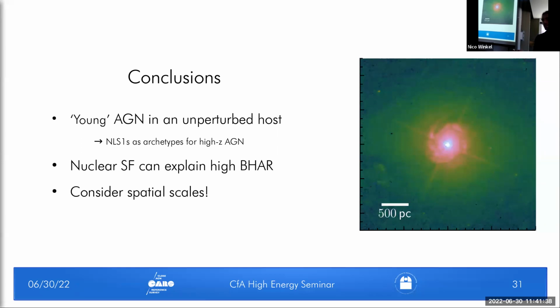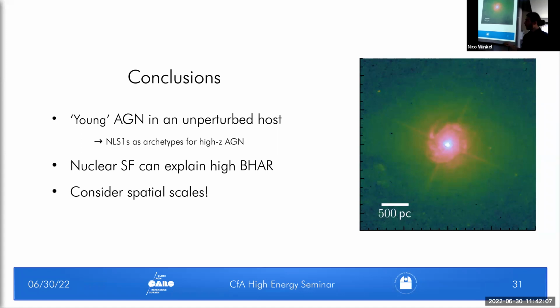So in this regard, Markarian 1044, as a narrow-line Seyfert 1 galaxy, could be archetypal of a galaxy population at a higher redshift that's just rapidly growing, but are not identified as the AGN as we see them in the local universe. And we have seen for this example that the nuclear star formation can explain, from a simple mass budget consideration, the high black hole accretion rate.